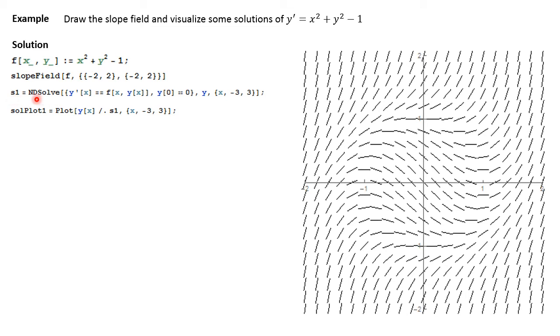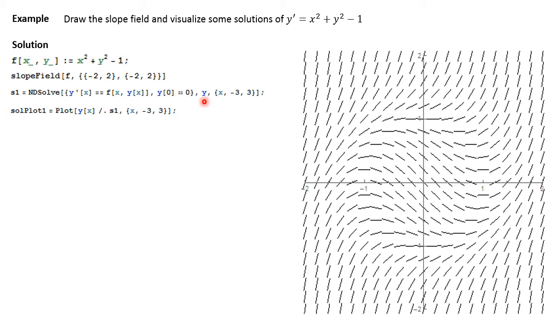It's called NDSolve, numerical differential equation solve, I suppose it stands for. You can take a look at this syntax and try to understand exactly what it all means. It's just specifying a differential equation. I also specified an initial value of y of 0 equals 0, basically specifying I want a curve to go through the origin.